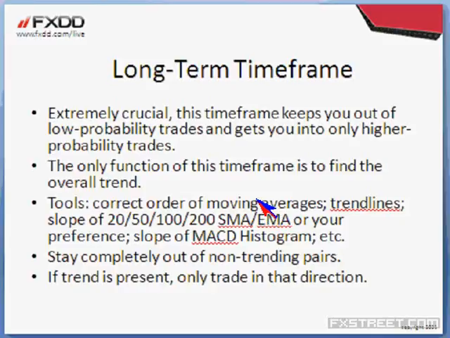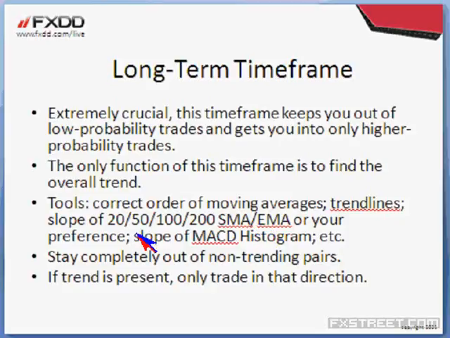An EMA simply stresses the more recent price action, whereas an SMA is equally distributed across all of the different periods. But when you're looking for slopes of moving averages or correct order of moving averages, there's not a lot of difference between a simple moving average and an exponential moving average. So I will use them interchangeably.